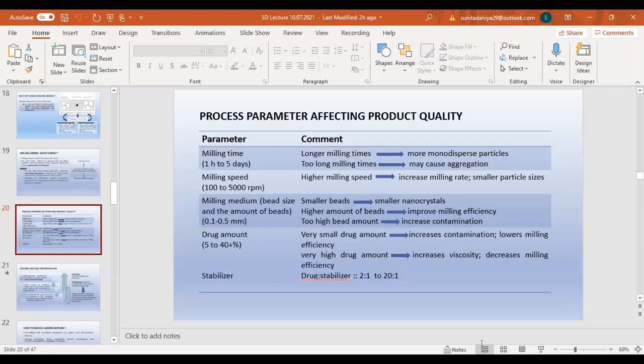So what type of stabilizer you will select is a question, and what is the ratio of the drug to stabilizer. For example, a wide range is used, from 2:1 up to 20:1 for the drug to stabilizer ratio.